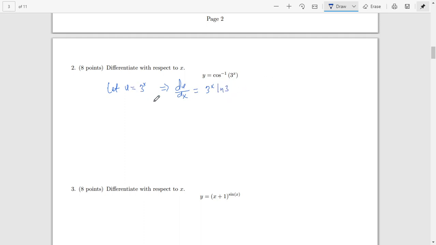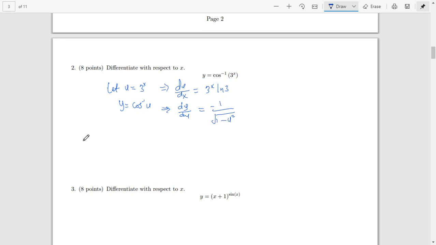And if my u is this, I have that my y now is going to be equal to cosine inverse of u. If you differentiate cosine inverse of u, dy/du, you're going to get negative 1 over the square root of 1 minus u squared.